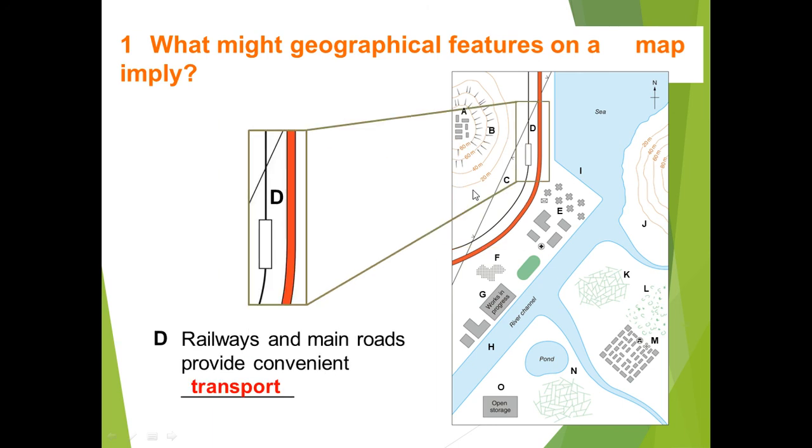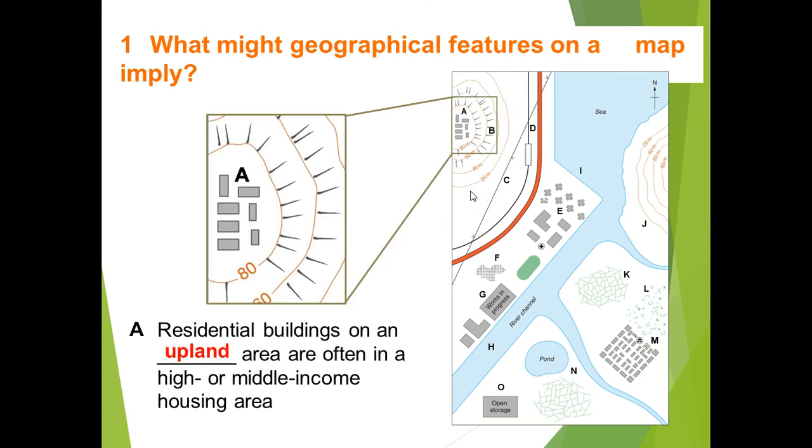They are also so close to the railway station, which means it's very convenient, so their housing price will be higher. And it is built on a small hill so that it can enjoy an astonishing sea view. All this information together gives us a further interpretation of the buildings at location A.